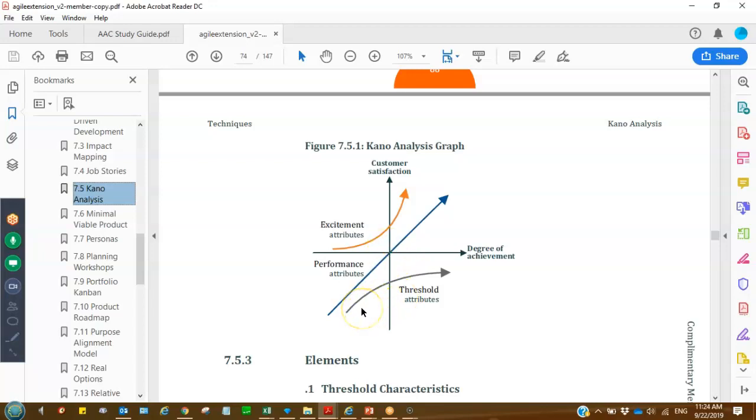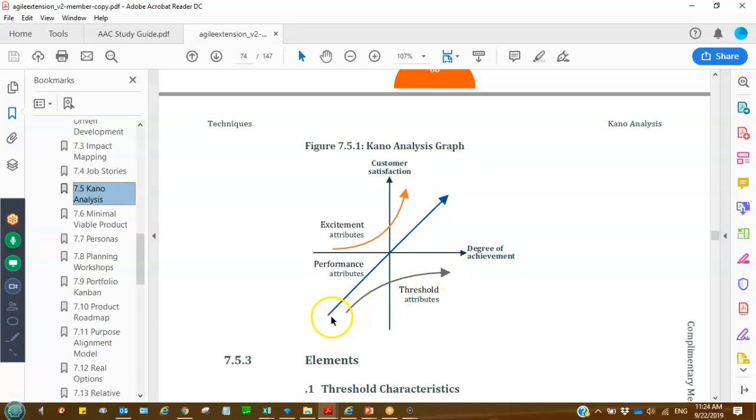So you're assuming that, for your threshold attributes, your engine, your wheels, your steering wheel, etc., it's never going to be higher than 0. No matter how well you achieve them, if you don't have them, you're basically screwed. You just are not going to go anywhere.